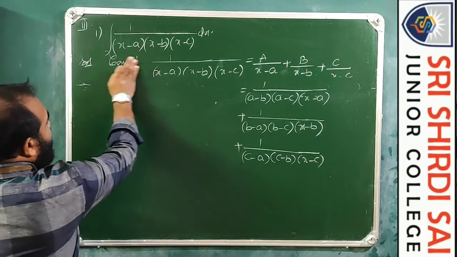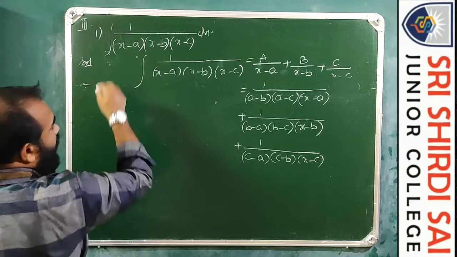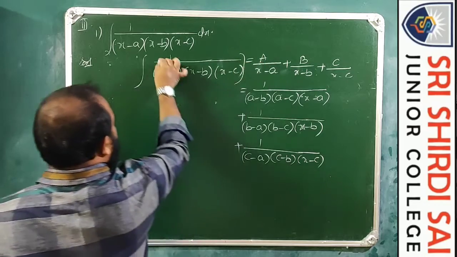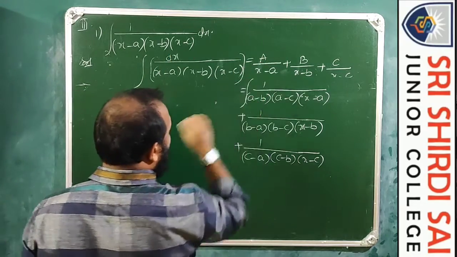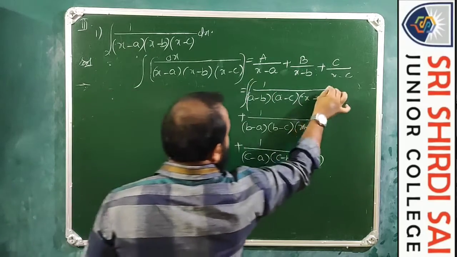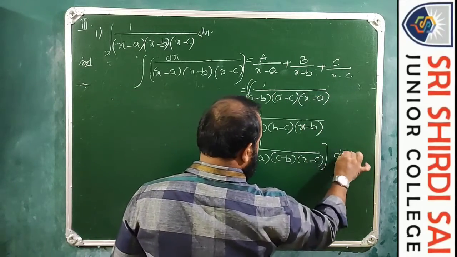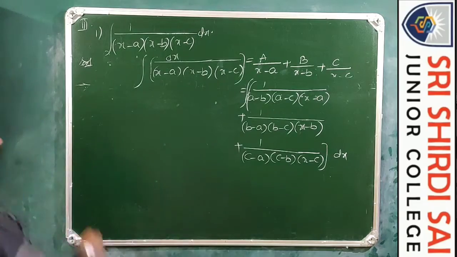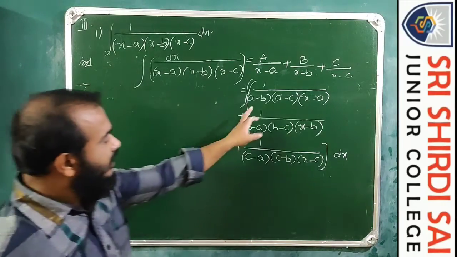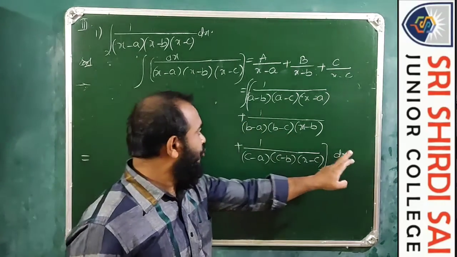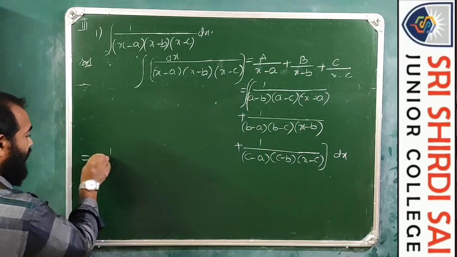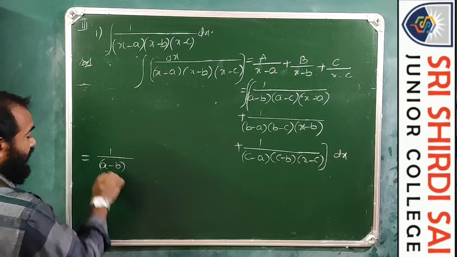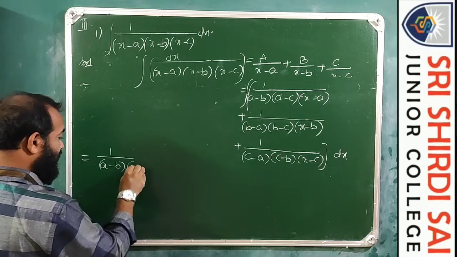Now let us integrate on both sides. The integral of dx is distributed among these three terms. So this is 1 by (a minus b) into (a minus c).